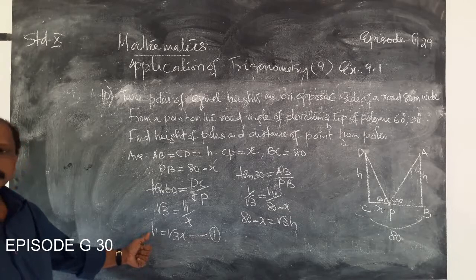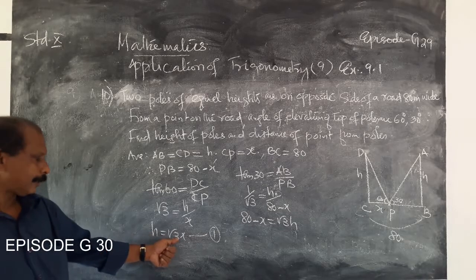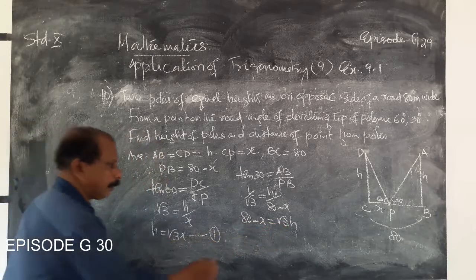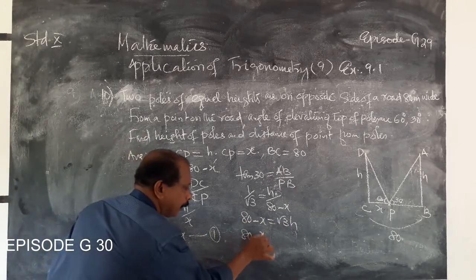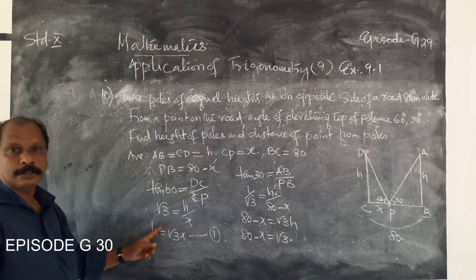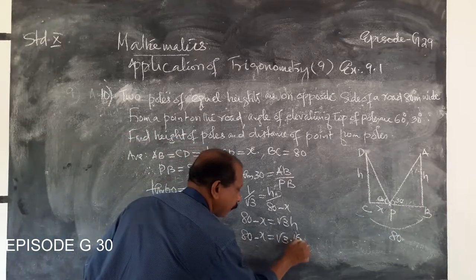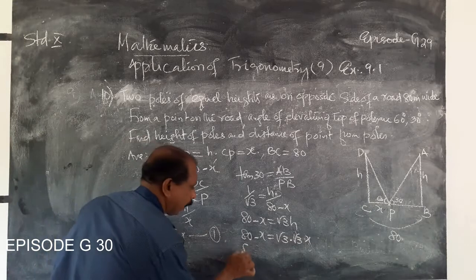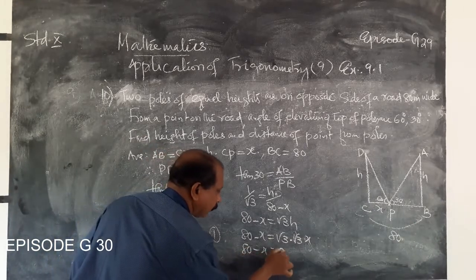What is h? Root 3x. Therefore, this h is replaced by root 3x. That is 80 minus x is equal to root 3 into root 3x. What is root 3 into root 3? 3. Therefore, 80 minus x is equal to 3x.